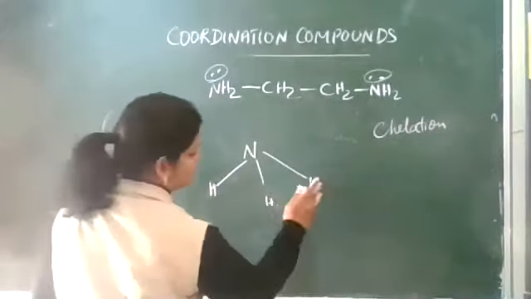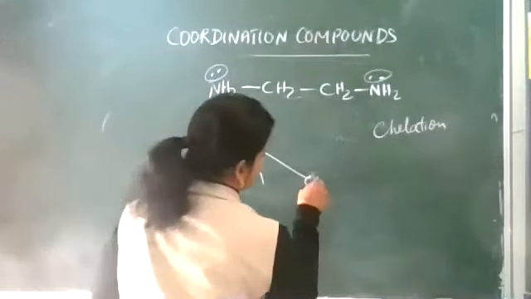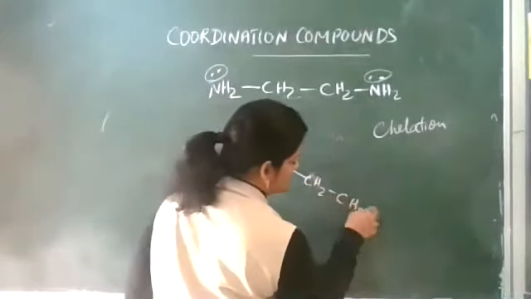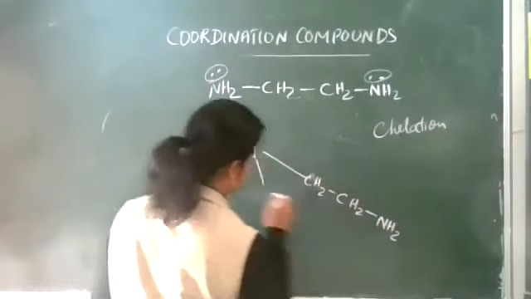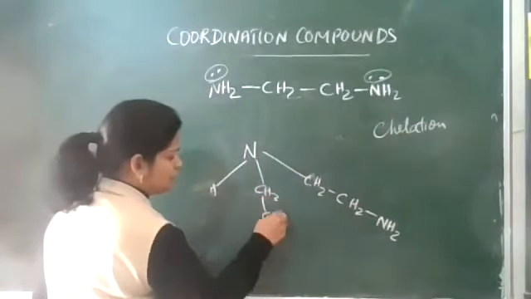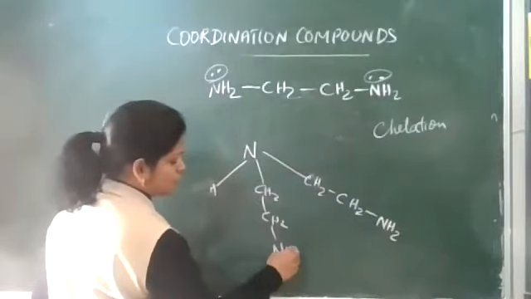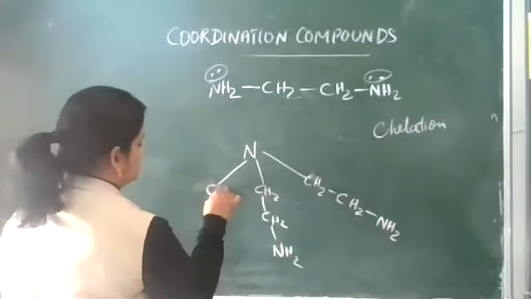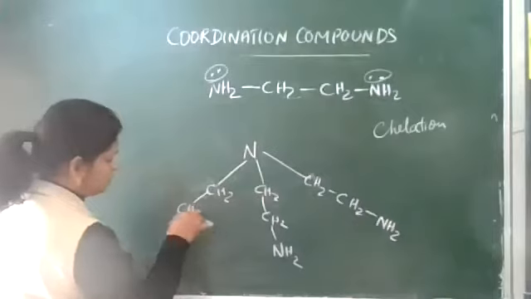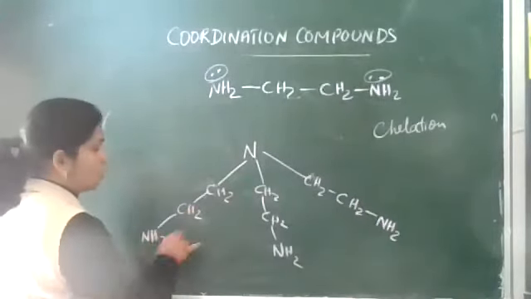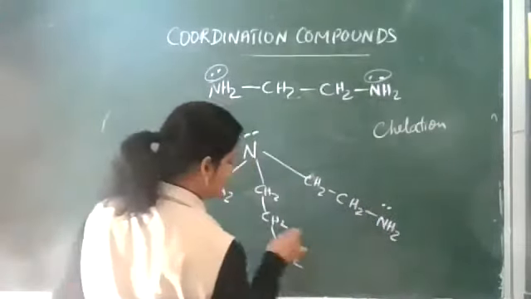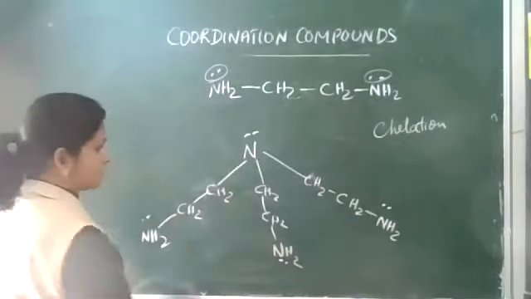NH3, suppose I replace these three hydrogens by CH2, CH2, NH2, each. Now each nitrogen is carrying a pair of electrons.